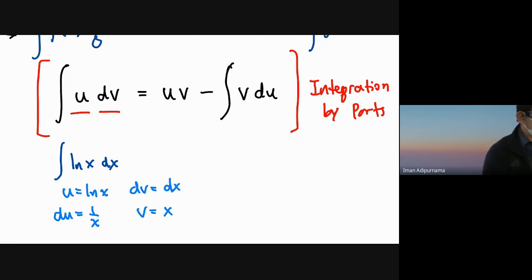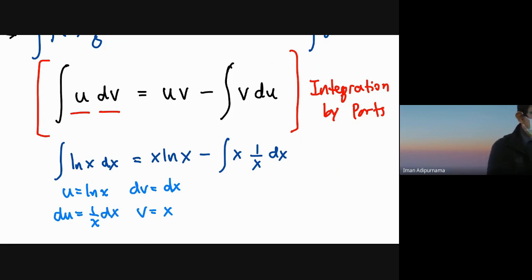So we set up uv, which is x ln x, minus integral of v du, which is x times 1 over x dx.